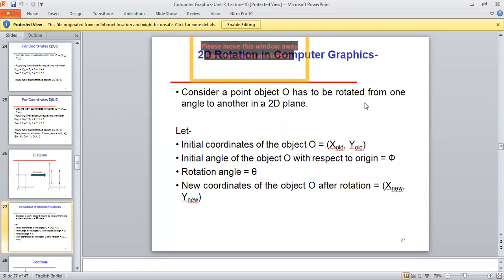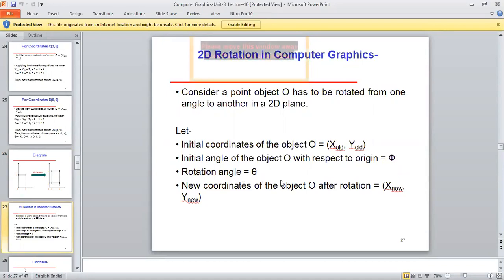In this case, again we will calculate the new points, and the initial points I am writing with the suffix old. So the initial coordinates of any object O are x old, y old. The initial angle of object O with respect to the origin we are considering as theta.